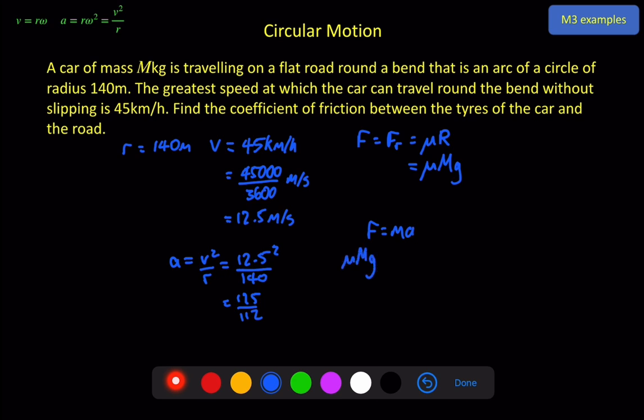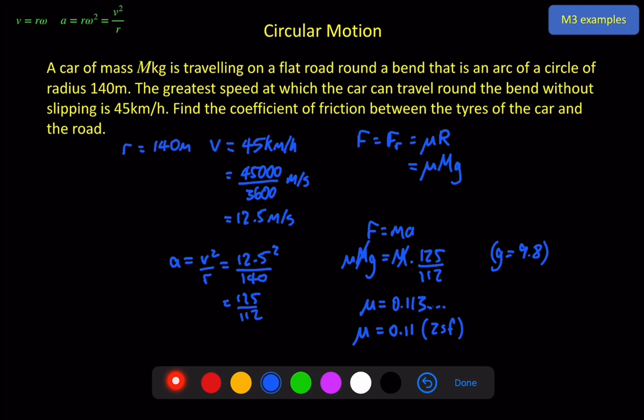Mu mg must equal m times that acceleration. The m's cancel out. Let's use g is equal to 9.8 in this case. Divide through by that, and we get 0.113... But if we've used g is 9.8, we should round that to two significant figures. And that is the coefficient of friction.